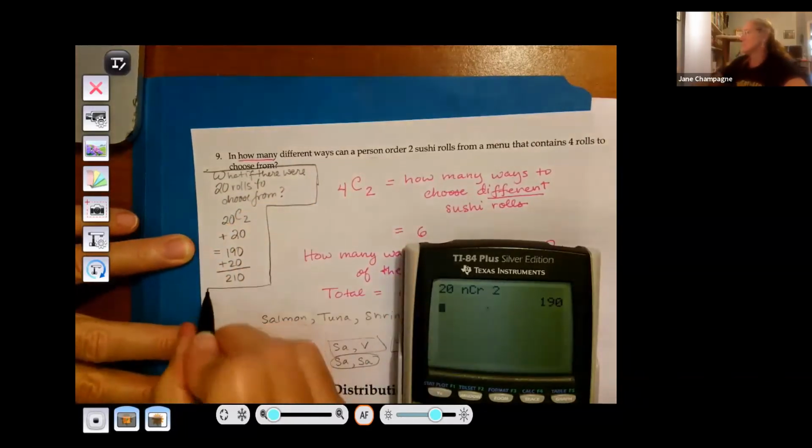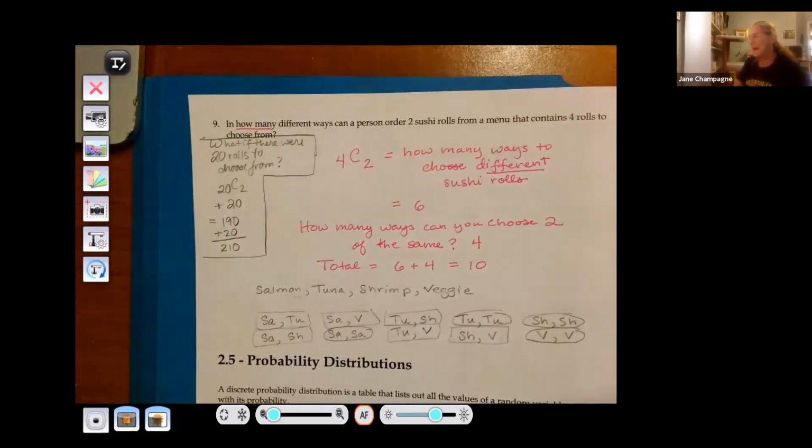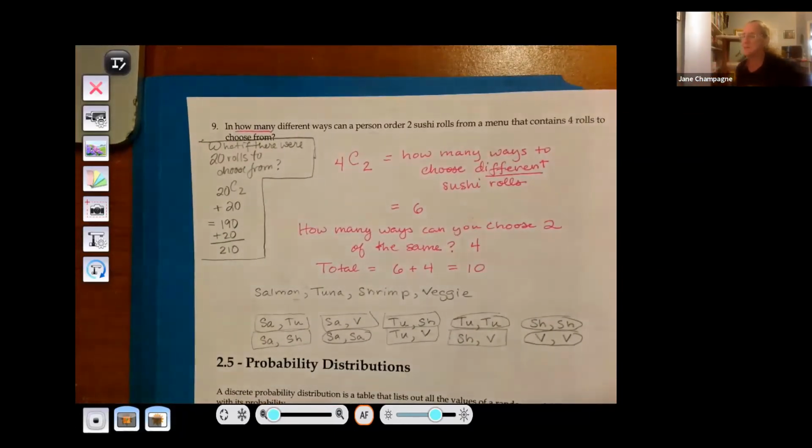Okay. So that was a little harder, and sometimes you do have to use 2 different rules and add them together to get the answer. Those are a little harder, but most of them will just be 1 rule. You just have to figure out what rule to use.